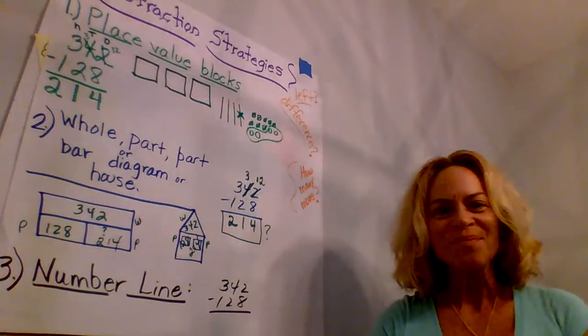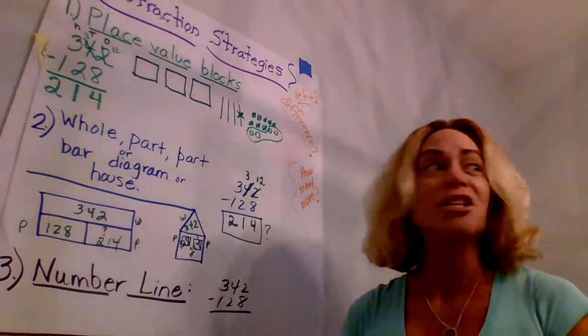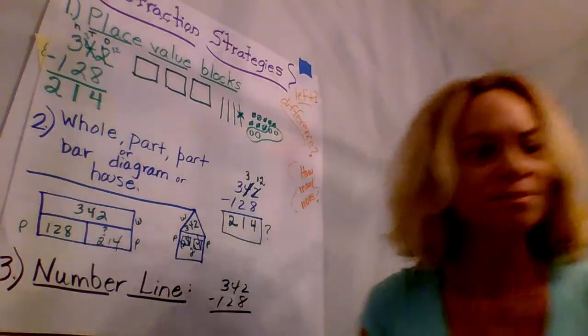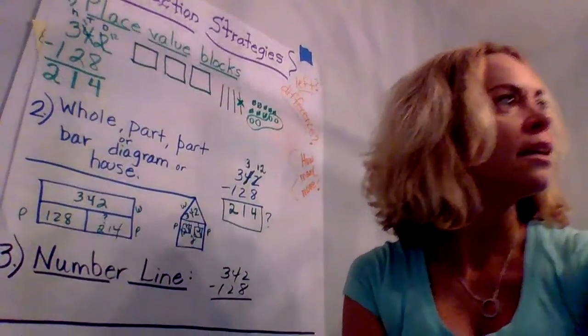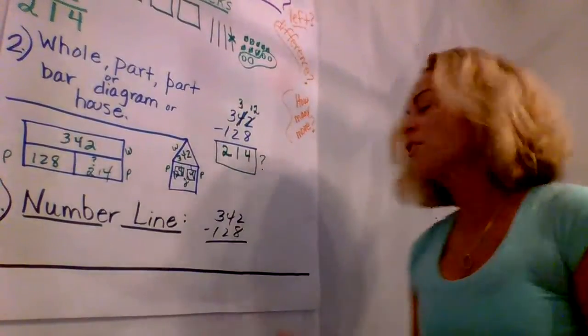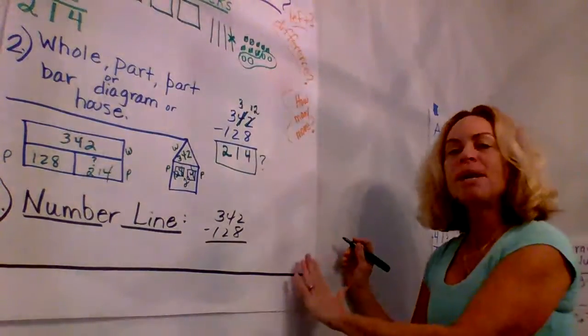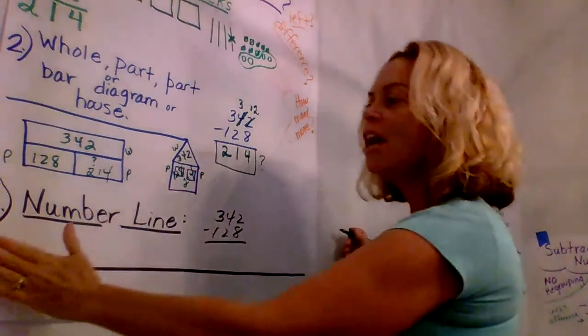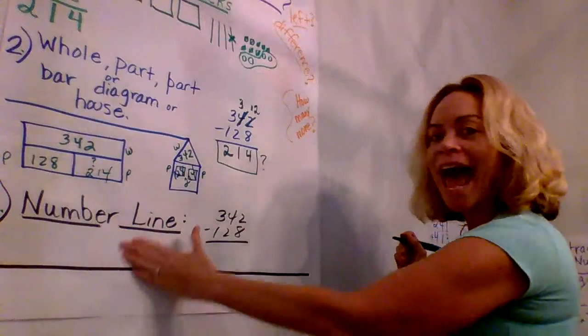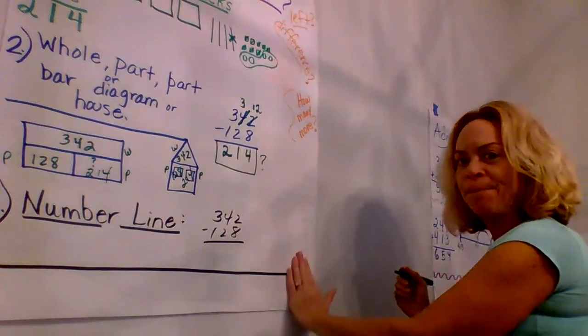Okay? And last but not least, we're going to try the number line. I start with the greatest number, and I'm going to plot all the way to the right. If you plot on the left, you're adding and your number's getting bigger.